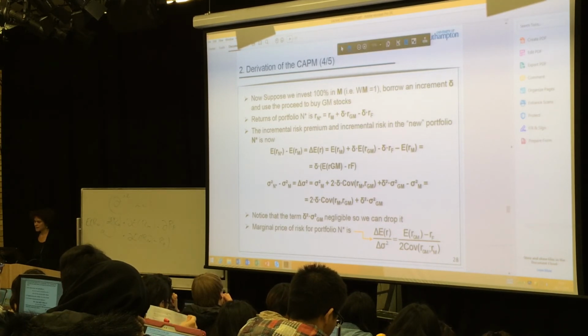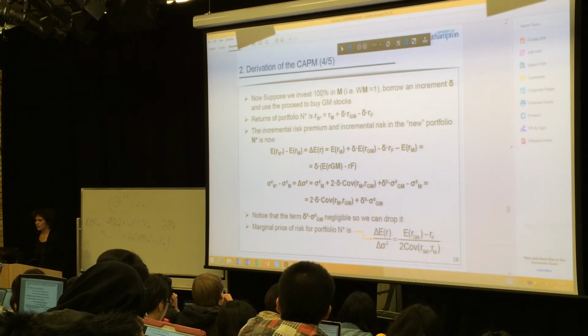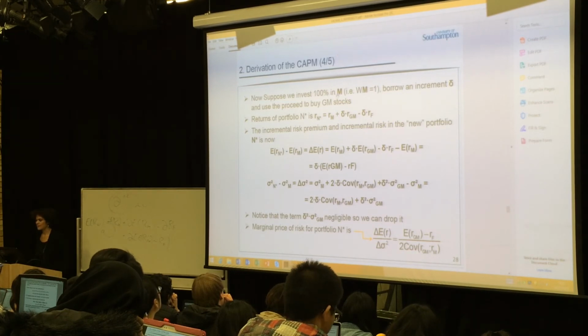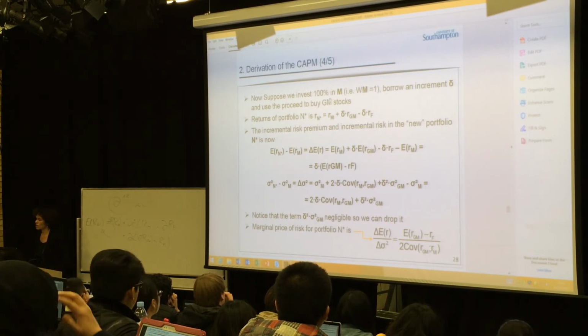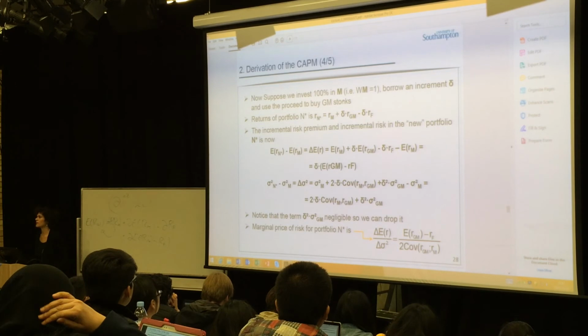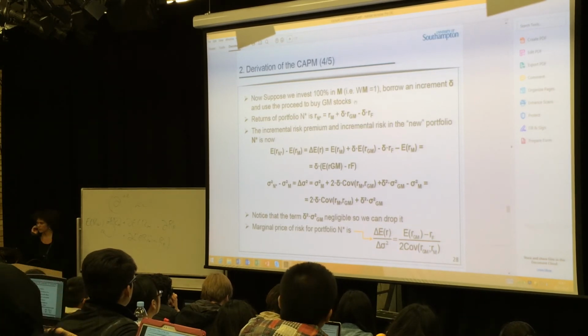The exercise is the same. I invest 100% in M, then I borrow an increment delta and use this money to buy the stock GM. So it's not anymore M, it's just a single stock.